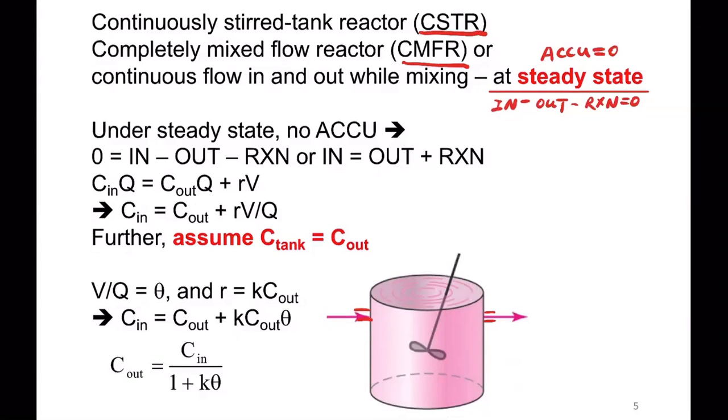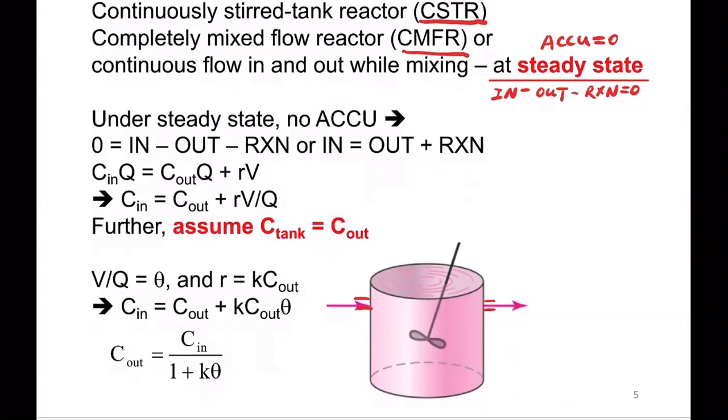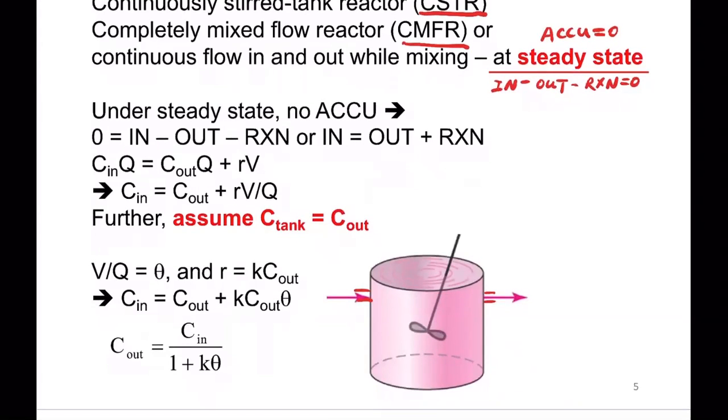If you use this entire tank as a control volume, you can first have this equation here. And then you can start to plug in the mathematical terms, right? So the in is going to be C in, Q in, minus C out, Q out, minus V multiplied by Kc equal to 0. Okay, so this is the term for the reaction.